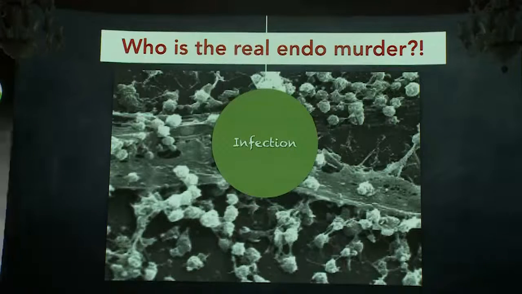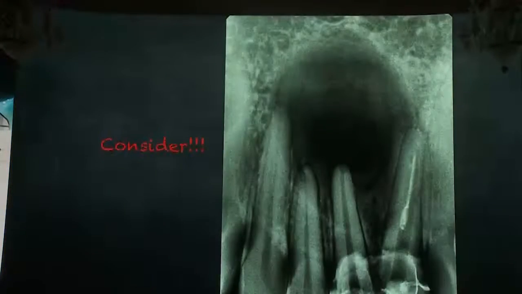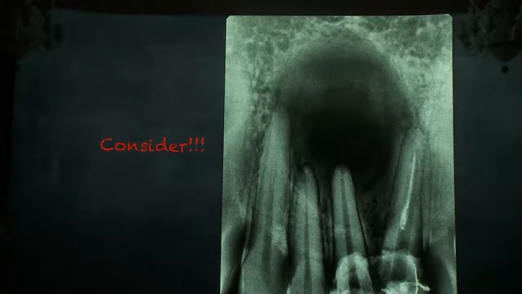It's beside the procedure errors, but the most common cause, more or less, is infection, is microorganisms. Okay, you can consider such a huge lesion, how you can manage such cases. Start surgical intervention or be conservative with non-surgical root canal treatment. You have to think about this.